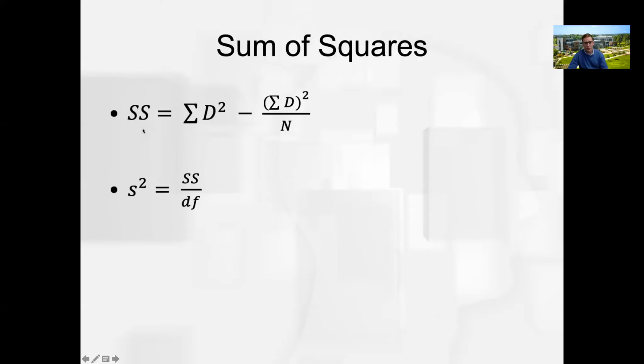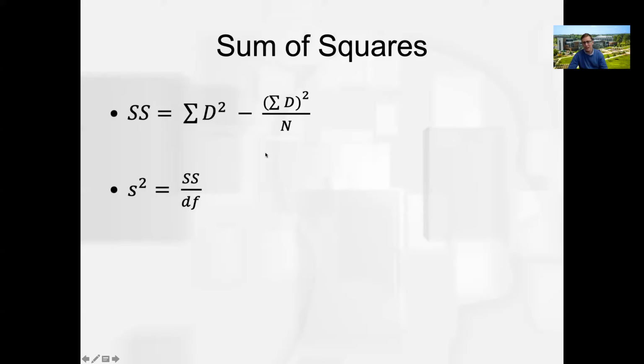So the equation for sum of squares is going to be the exact same, except instead of x, we are now substituting that D score, right? Because everything we're doing is with the difference score rather than the individual x, right? So it's still the sum of D squared minus the sum of D, close paren, squared over n. That variance is still the same, sum of squares divided by the degrees of freedom.